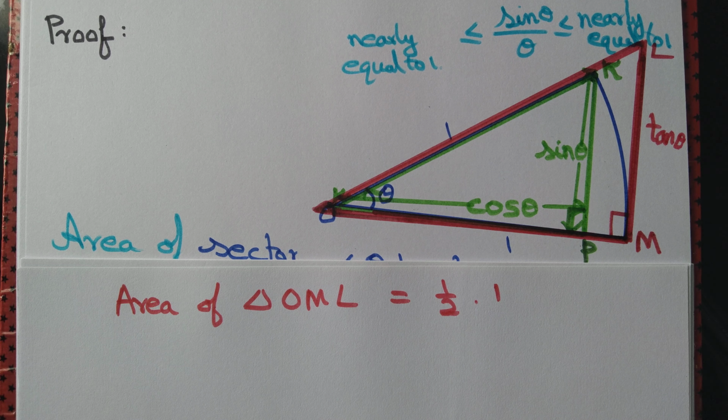Area of sector is theta by 2, and we got theta by 2 is less than area of triangle OML, which is half tan theta.